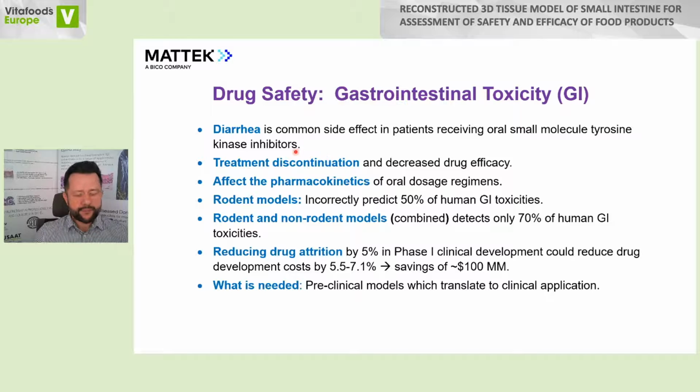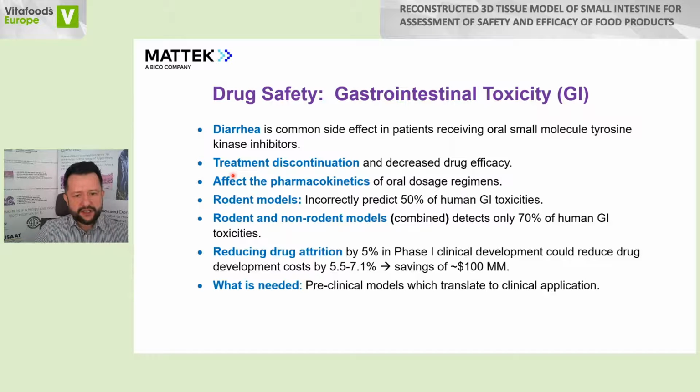One of the common side effects is diarrhea, which is problematic because it causes discomfort, and it often results in treatment discontinuation and in modification of the absorbed dose of the given perorally used drugs.